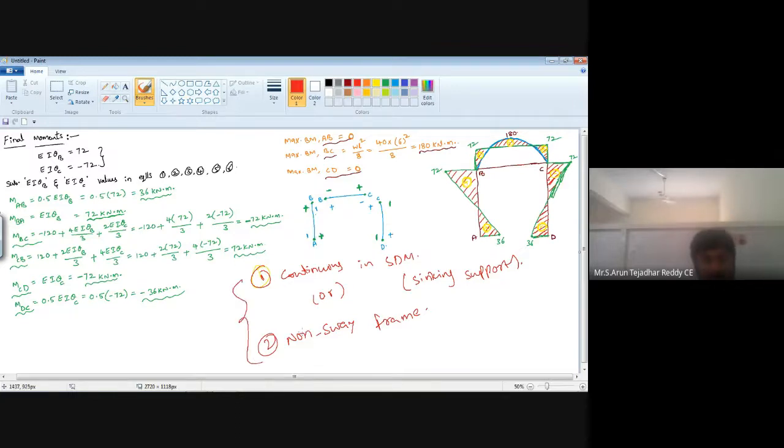So in this unit, maybe this problem will give, or else this problem, but only one problem will give, whether it may be a sinking support, whether it may be a non-sway problem. In these two, any one will give in your external exam. 100% one problem, very easy problem. Just remember that formulas, that's it. Whatever the formulas we are having, just remember, then you can easily get 15 marks, okay?